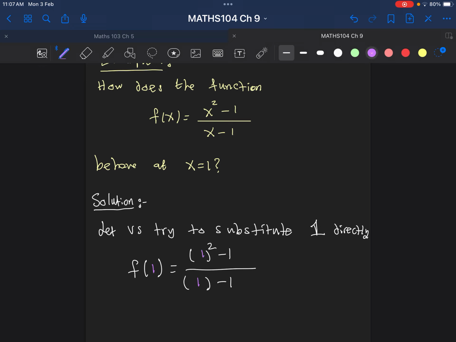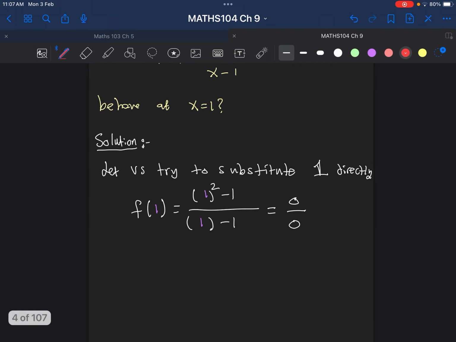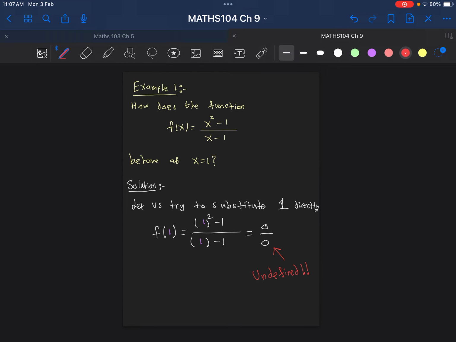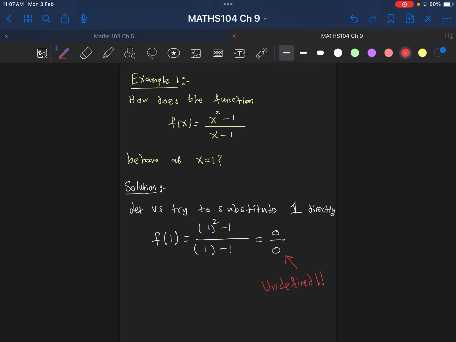Now, if we substitute 1, this will be 0 over 0, and 0 over 0 is not a number. This is undefined. So we cannot say anything exactly at x equal to 1.